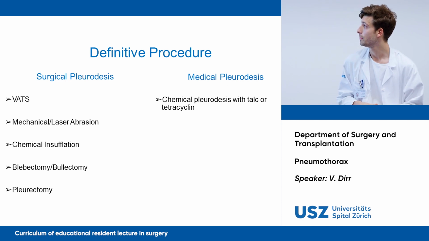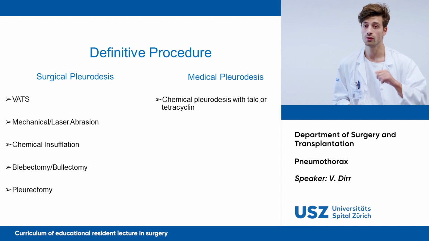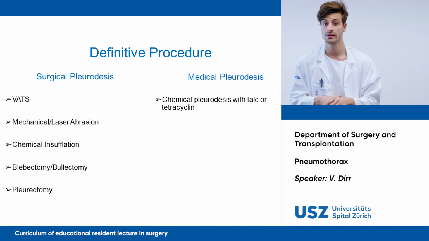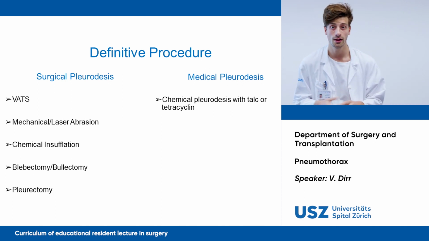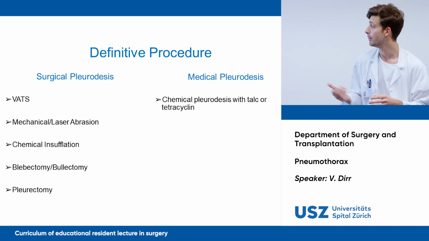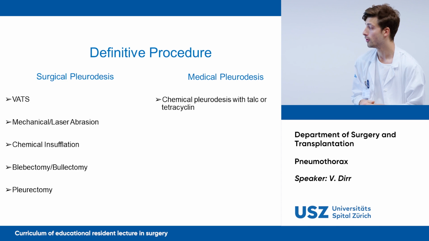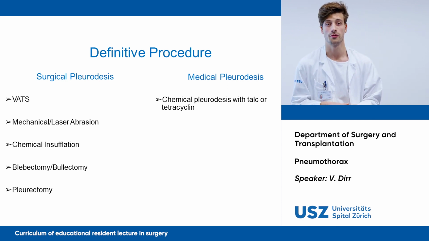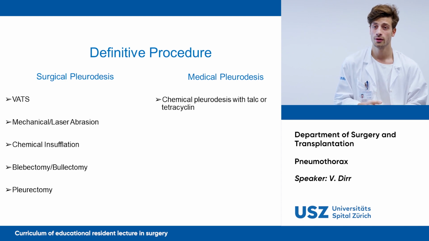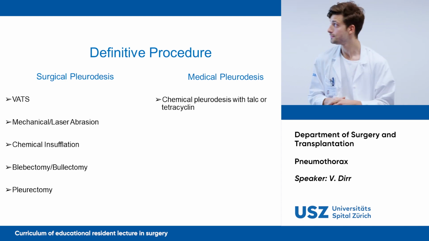For example, with a mechanical abrasion, we use a dry gauze or a sponge, and we partially remove the parietal pleura at the apex region, or we insufflate chemical sclerosing agents, such as tetracycline or graded talc. We can also eliminate risk factors by a blebectomy or a bullectomy, or, in more extensive disease, we can perform pleurectomy, which means the removal of the parietal and the visceral pleura, mostly done in malignant cases.